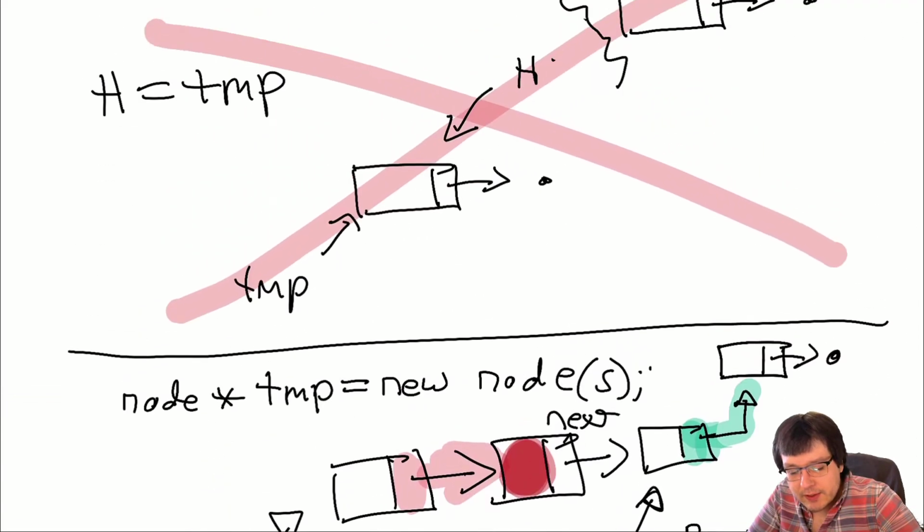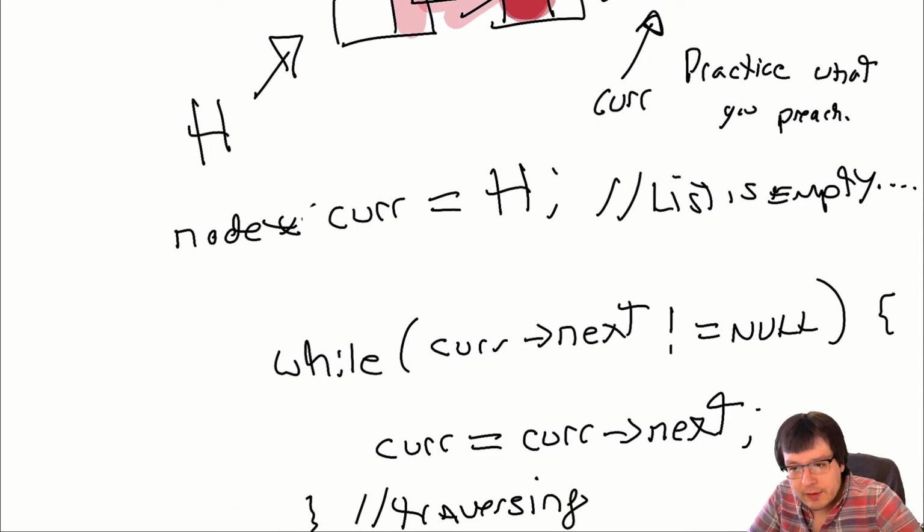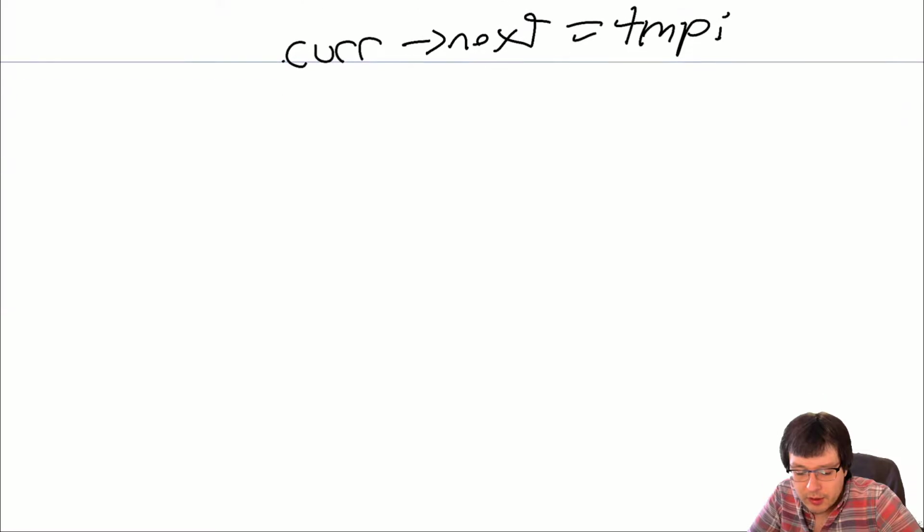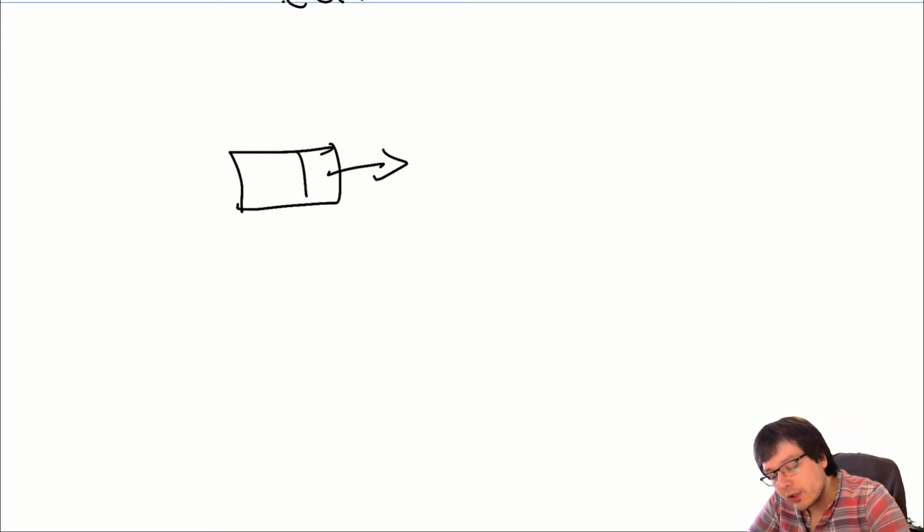So that pretty much takes care of inserting in the beginning, inserting at the end, and when you have an empty list, like I said, you just call head equals the new node. Now all we have left is inserting in the middle. That's a little tricky. The reason why you typically insert in the middle, by the way, is if you're working with a sorted linked list.